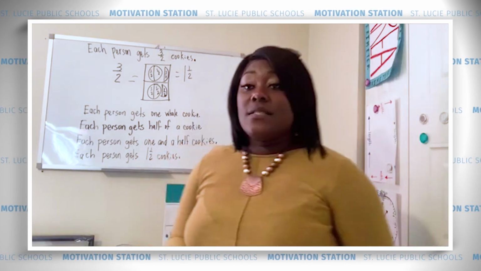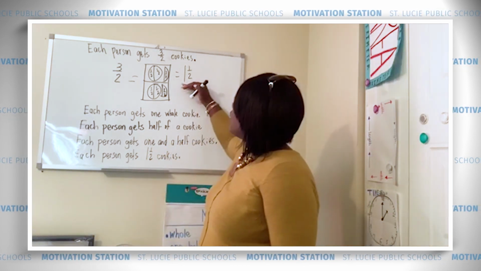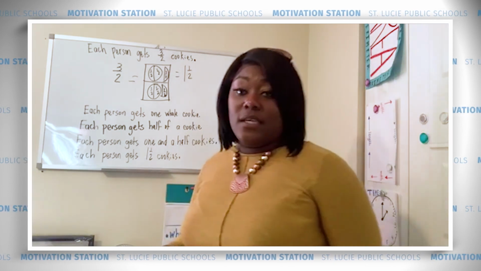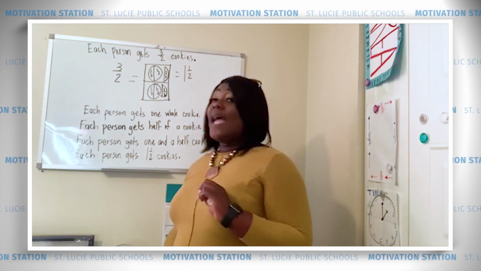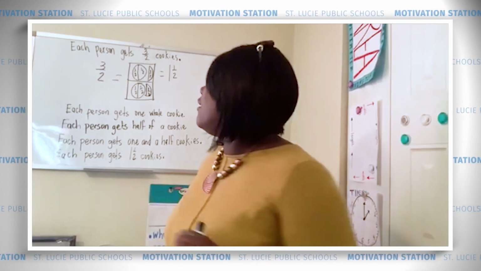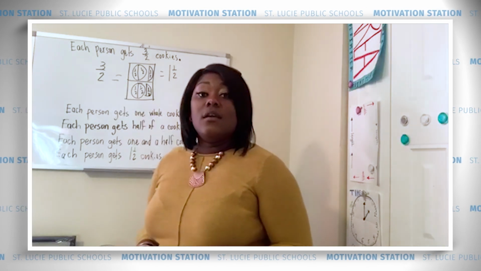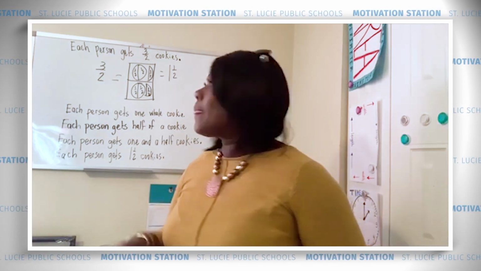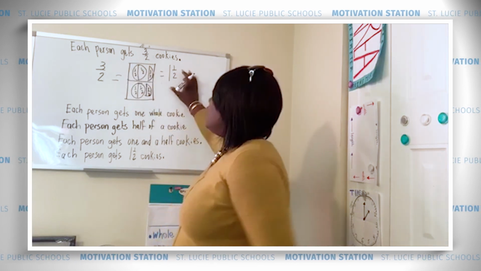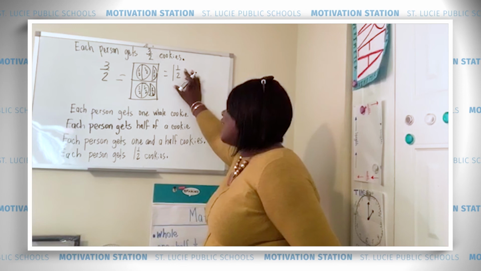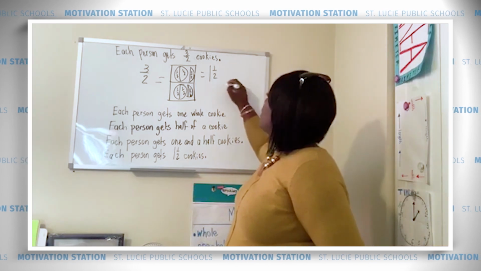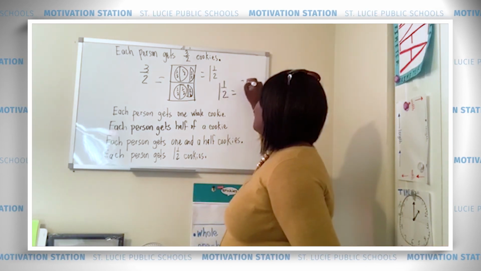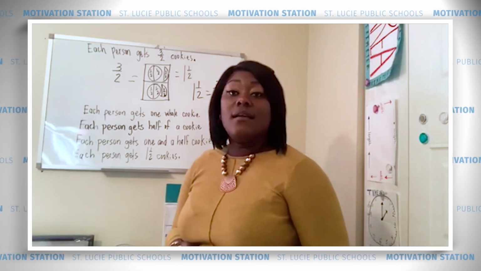Now let's make a comparison. 1 whole cookie and a half cookie is equivalent to 1 1/2. If you take the whole cookie and you cut it in half and you get 2 halves, add it to the 3rd half that you already had there, now you have 3 halves. Well, it's the same illustration. If this illustration can be written as 1 1/2, and this same illustration is also the same thing as 3 halves, then 1 1/2 is equivalent to 3 halves.